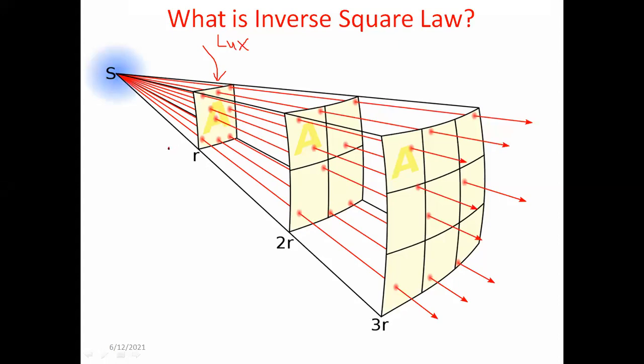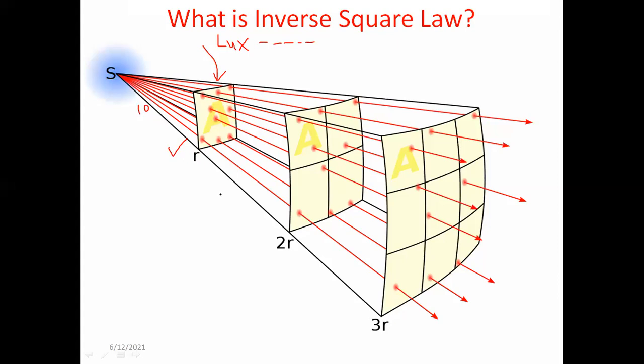After this particular distance, that is for small r, we have a certain value of intensity. If you further extend the same distance, that is 2r, suppose this is 10 meter from the source, that is, the distance from the source to r is 10 meter.